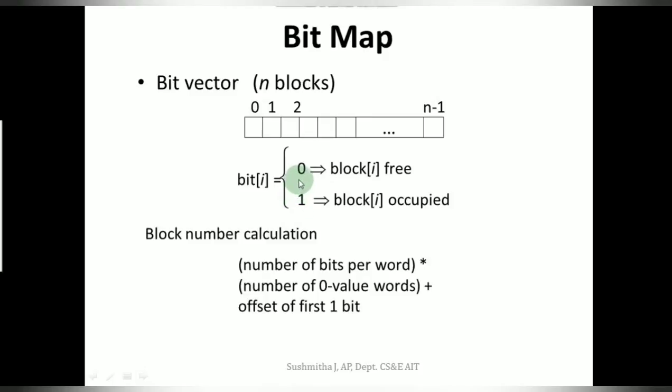If the bit is 0, it indicates that it is free. If it is 1, it indicates that it is occupied. So the bit vector or map is one in which each bit represents a disk block.